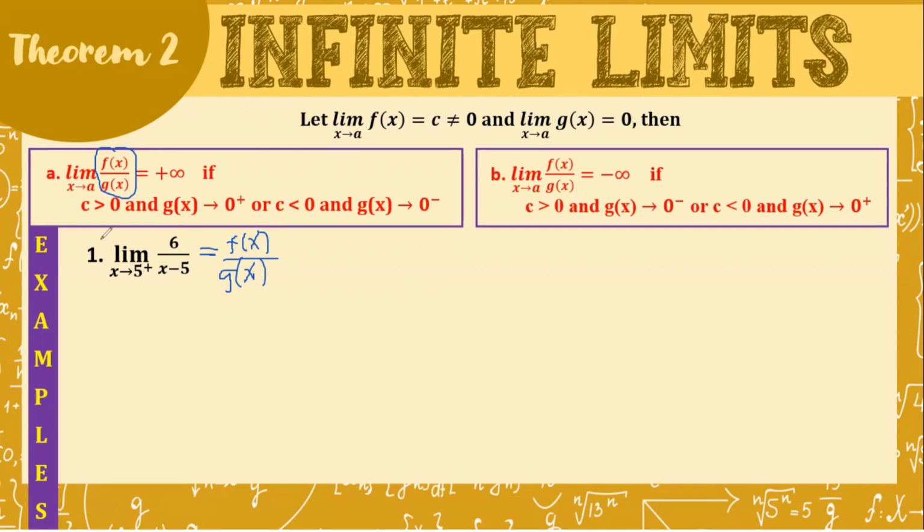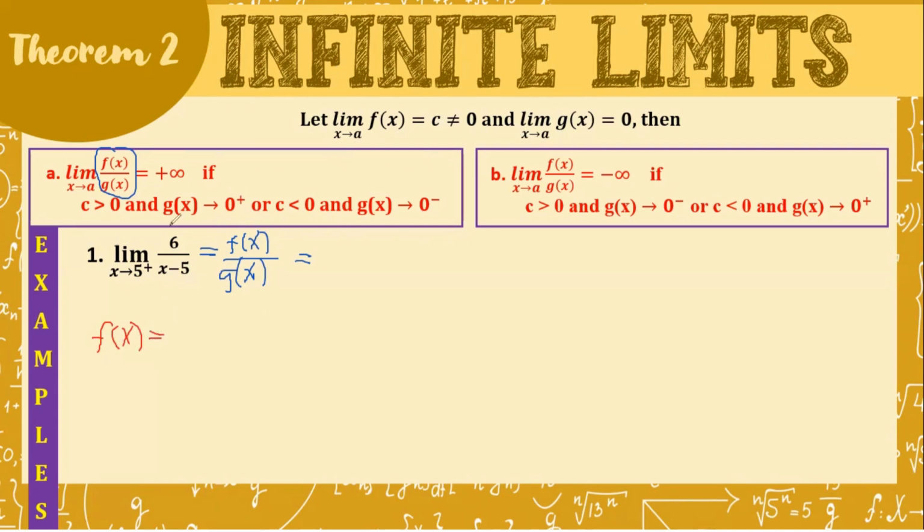Now, we can only say that the given is theorem 2 if the given is a quotient. We can only apply theorem 2 if the given is a quotient. Now, the numerator is f of x and the denominator is g of x, so let's take them one by one. Let's start with f of x, so you won't get confused.